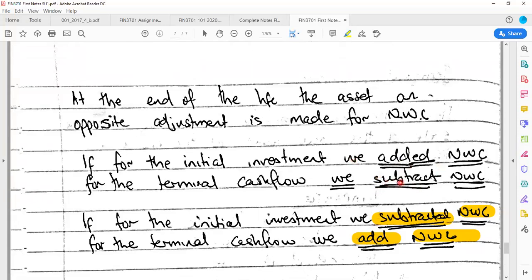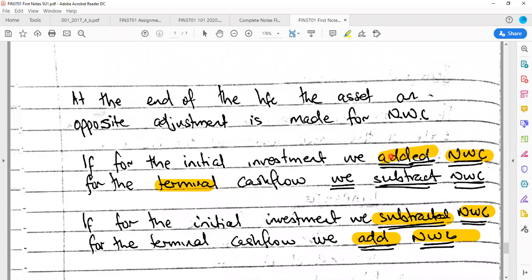On the other hand, let's say that our net working capital had gone down, meaning that money came in, and then for the initial investment, we added that net working capital that had gone down, resulting in money coming in. So we assume that when we terminate the project, that benefit that we got by money coming in as a result of net working capital is going to go.